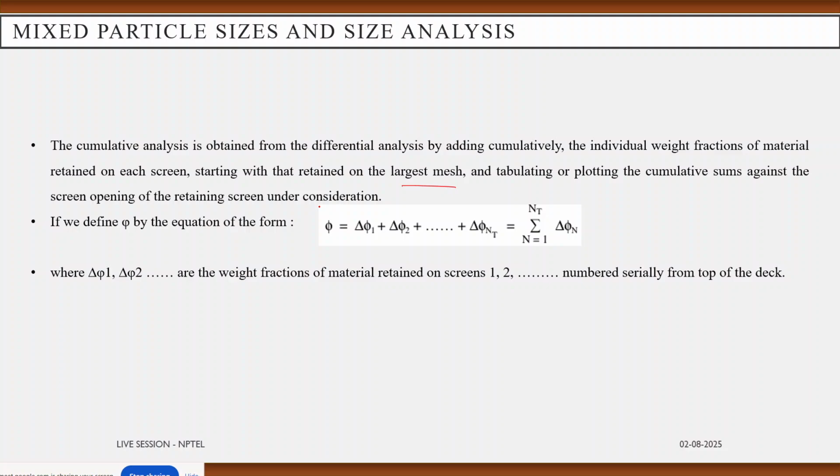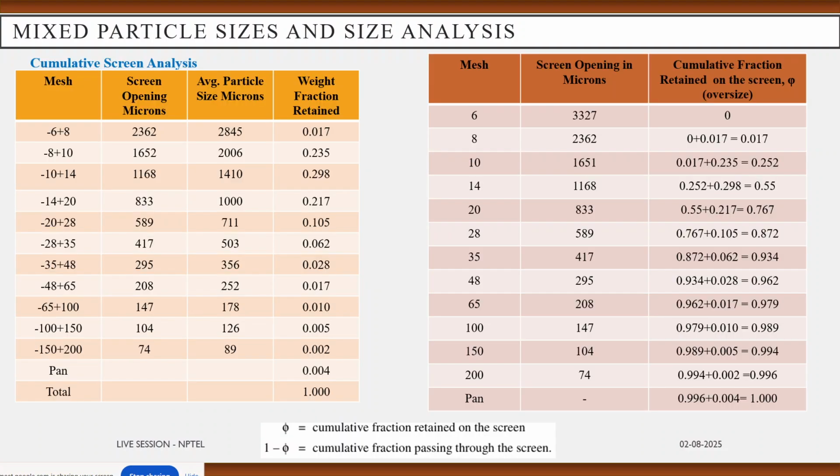Now we can calculate the same problem that we discussed one slide before, where we made a table for the differential screen analysis. Now from there we want to convert it to the cumulative screen analysis data.